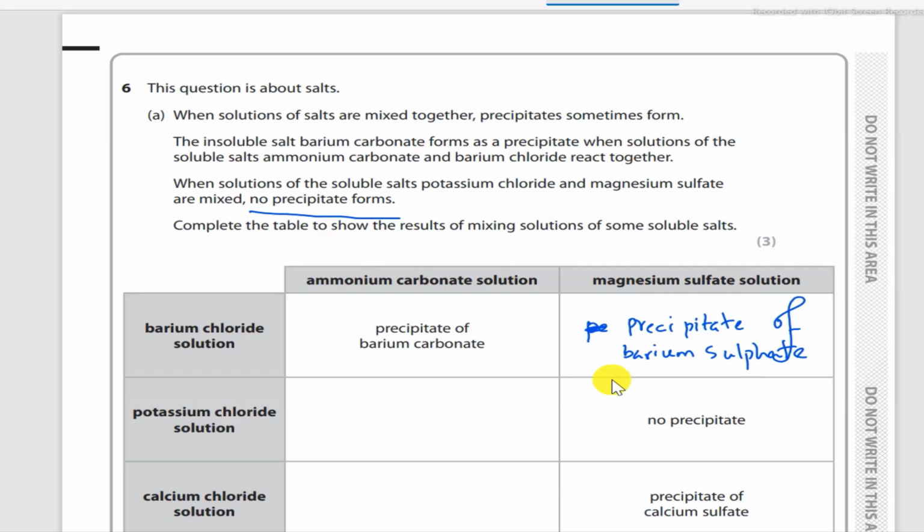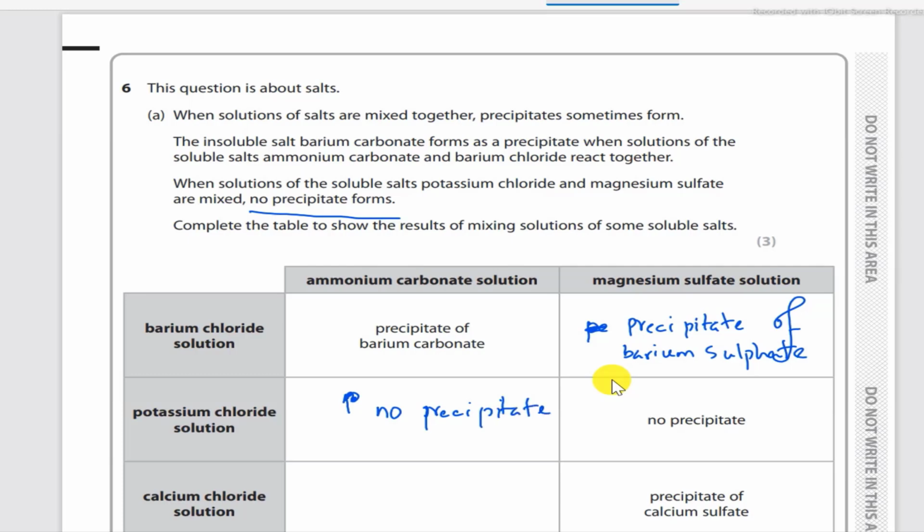Potassium chloride solution with ammonium carbonate, potassium chloride. So no precipitate is formed.